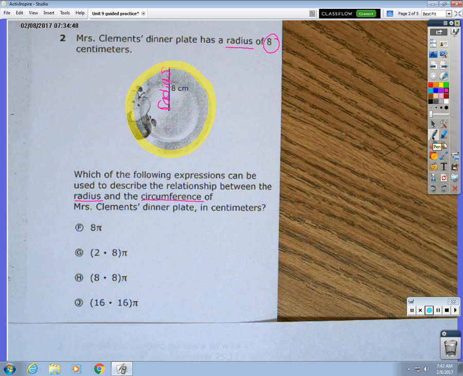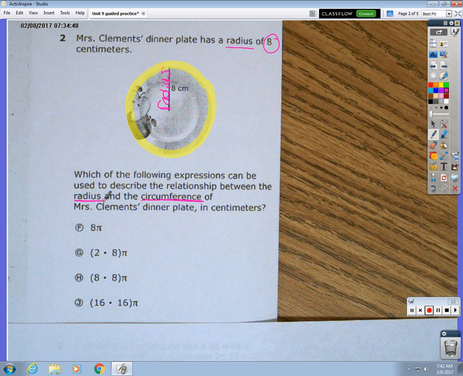Also, looking back at your vocabulary or at your math star chart, there are 2 different formulas to calculate the circumference of a circle. There's one that you use if you're given the radius, and there's one that you use if you're given the diameter.